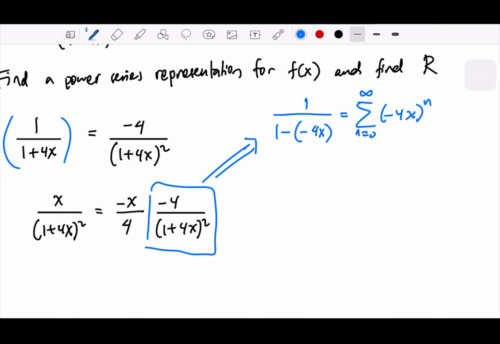And if you differentiate, this will be, right?